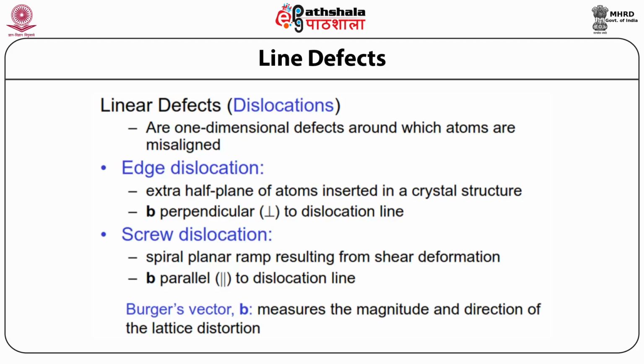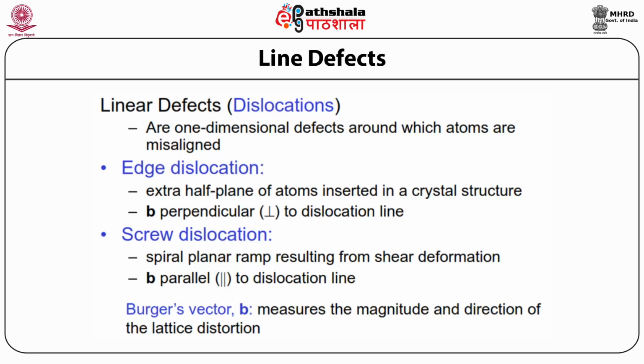In dislocations also we have two different kinds: one is called edge dislocation and another is called screw dislocation, and of course we will discuss these in detail in the next slides.